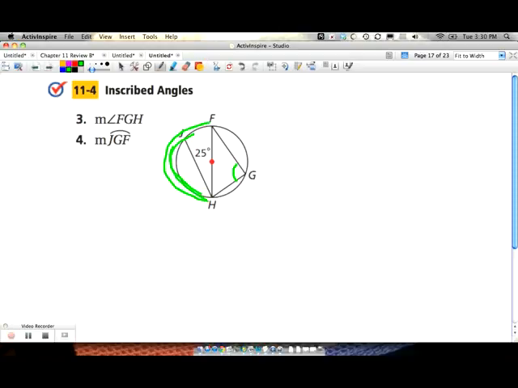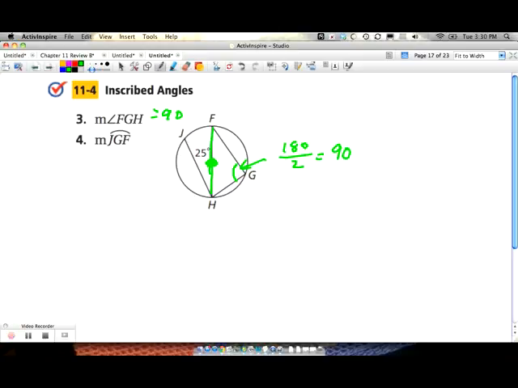Let's look at the next one. Normally when we look at inscribed angles, we see the vertex on the circle. But imagine it was dragged way back and we made a huge arc. It's actually the same type of formula.